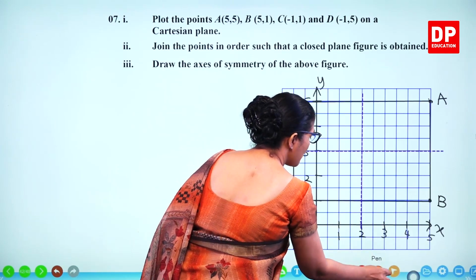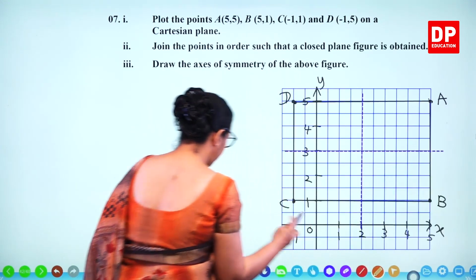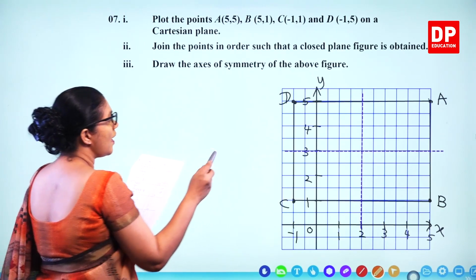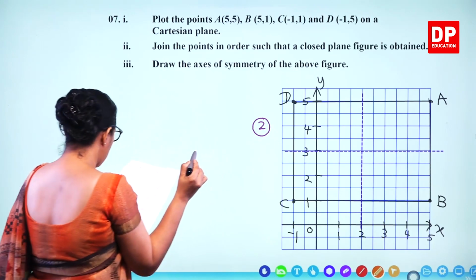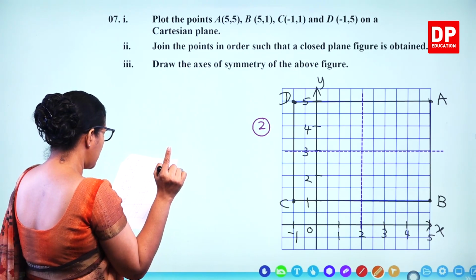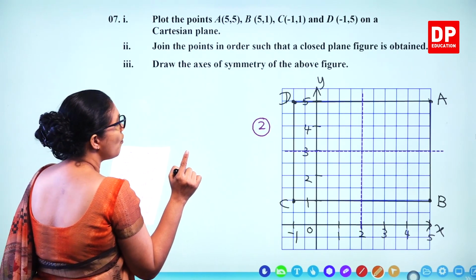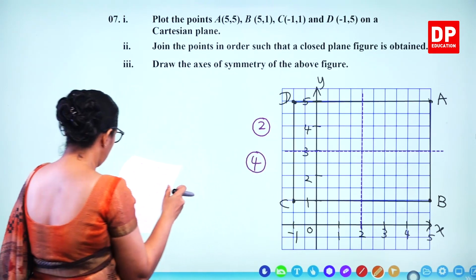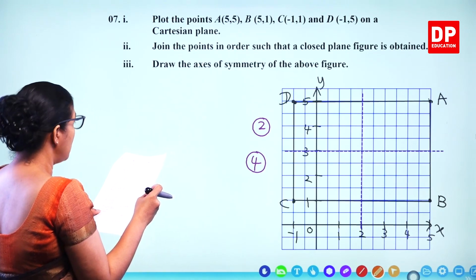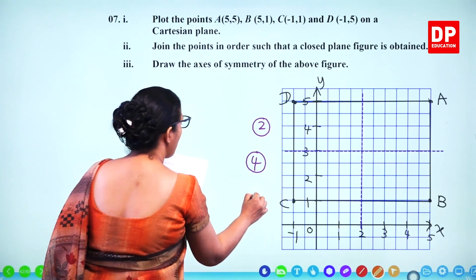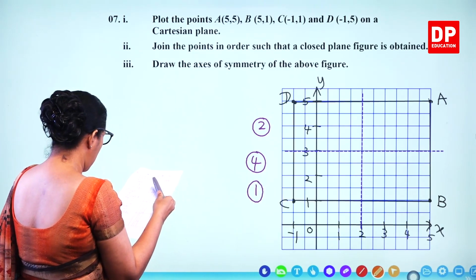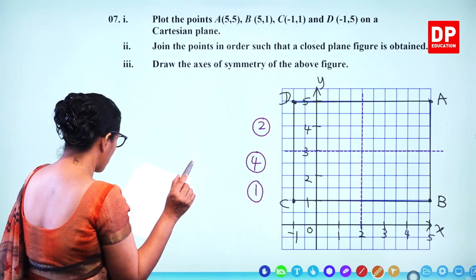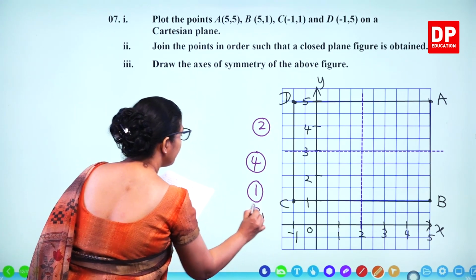So how many marks for that part? For the scale, 2 marks. A, B, C, D points, 4 marks. Connecting all the points, 1 mark. And axis of symmetry, 2 axes of symmetry, 2 marks.